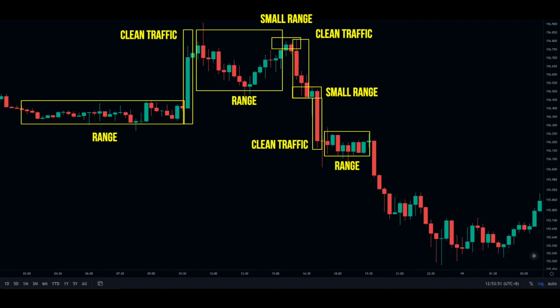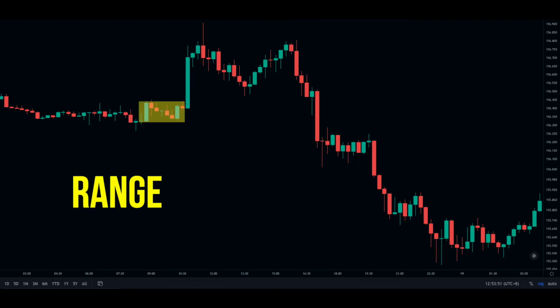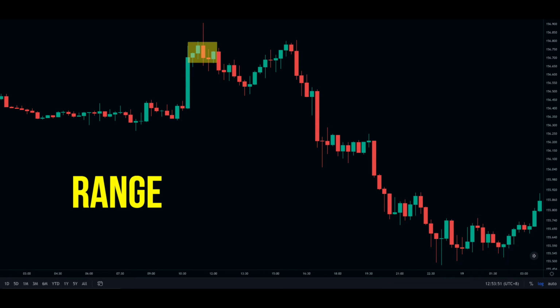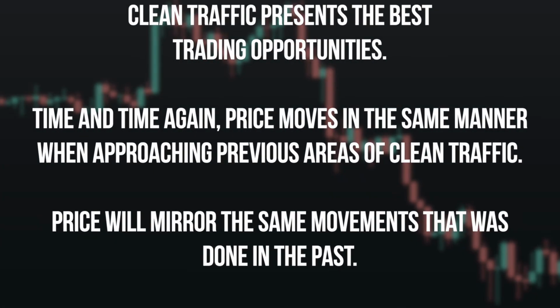At the end of this range, it formed more clean traffic to the downside before ranging again. At the beginning and end of clean traffic is a range. Range, clean traffic, range. Clean traffic presents the best trading opportunities.